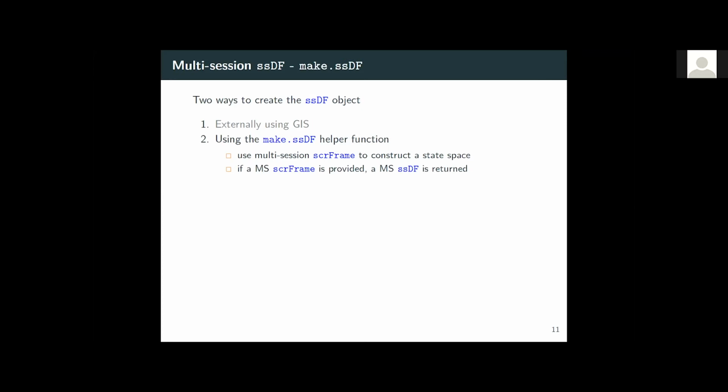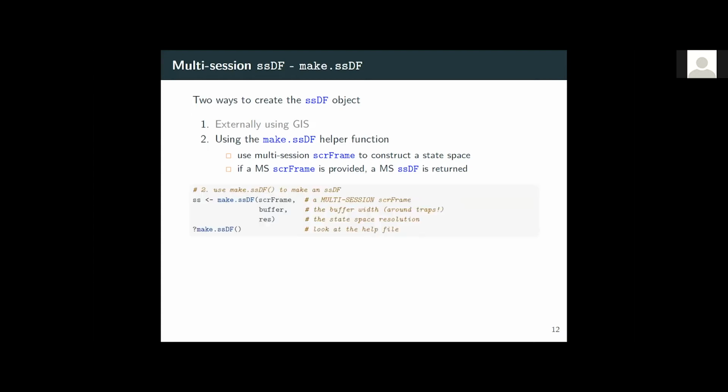So the really nice thing about this is that if you pass a multi-session SCR frame to make SSDF, then you automatically make a multi-session state space object. So if you provide a multi-session SCR frame, a multi-session SSDF is returned. So that's a nice thing.